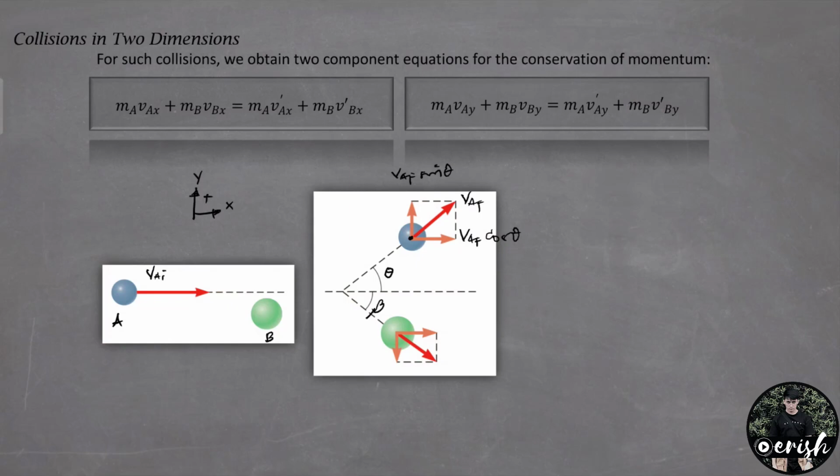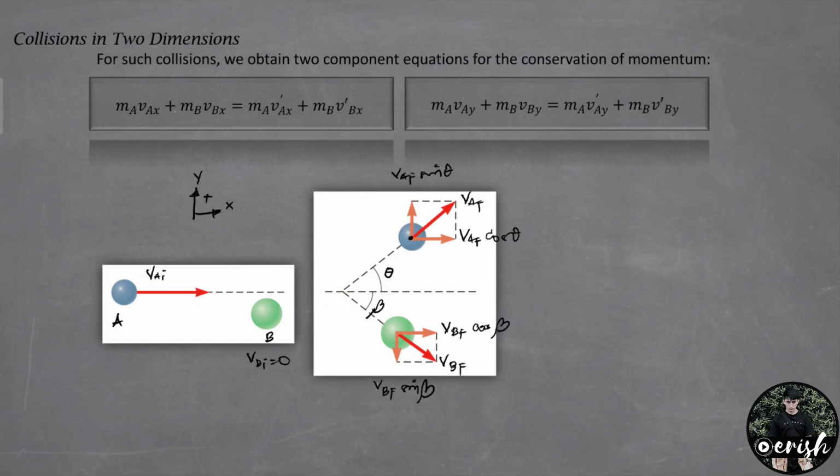Same with the velocity of object B. This is the final velocity of B. Here, the initial velocity of B is 0, considering object B is at rest before the collision. After the collision, same with object A, we take its components, since the velocity is no longer directly horizontal or vertical: final velocity of B cosine beta, and final velocity of B sine beta.